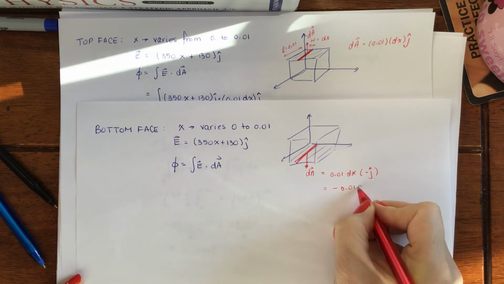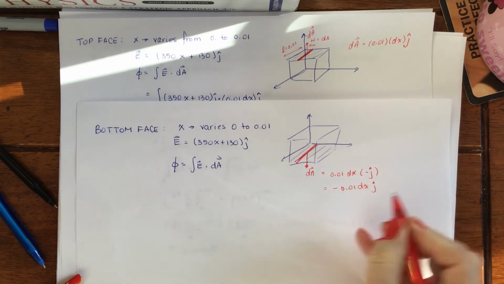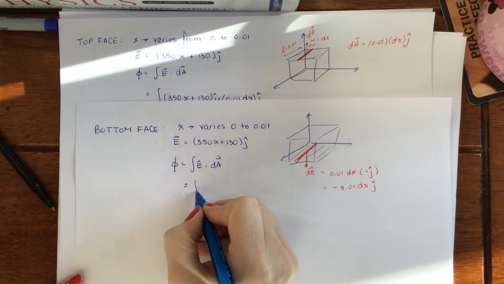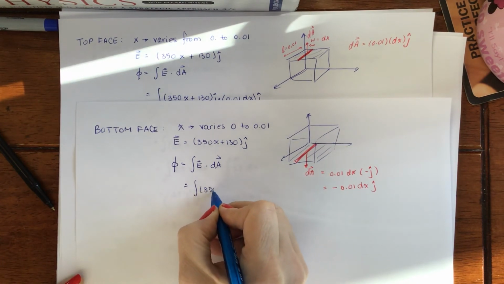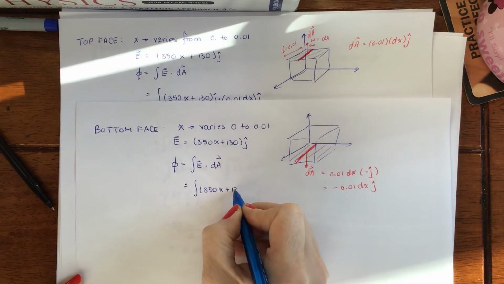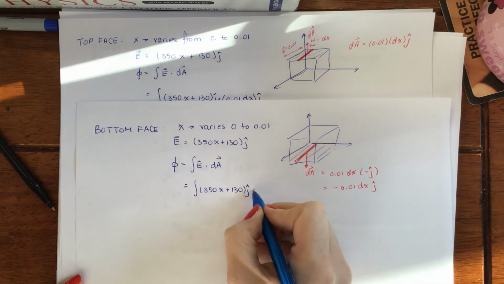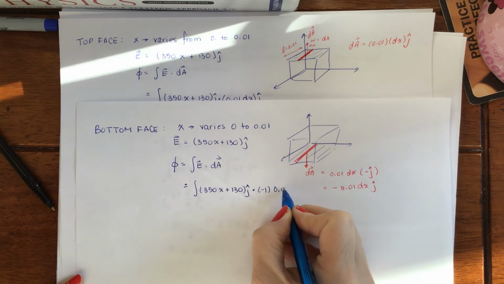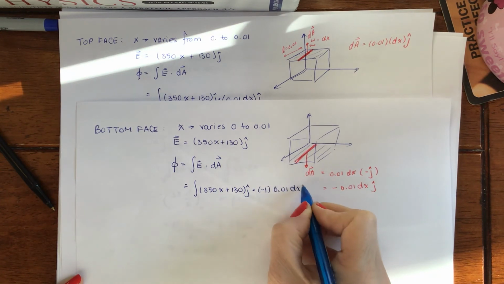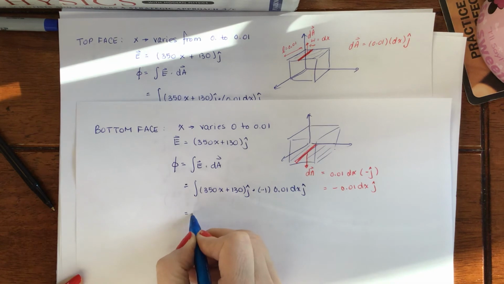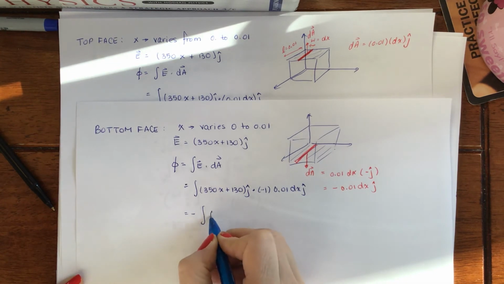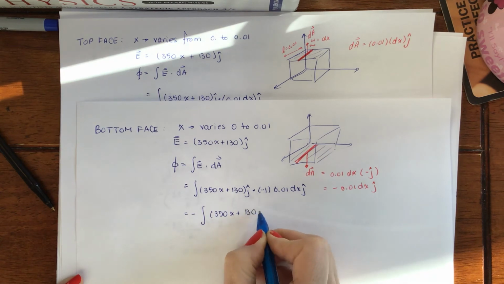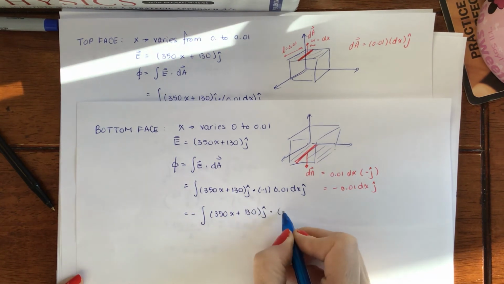So let's put this in right here. So that gives us 350x plus 130 j dotted with minus 0.01 dx j. I'm going to take that minus sign out front, minus integral 350x plus 130 j dotted with 0.01 dx j.